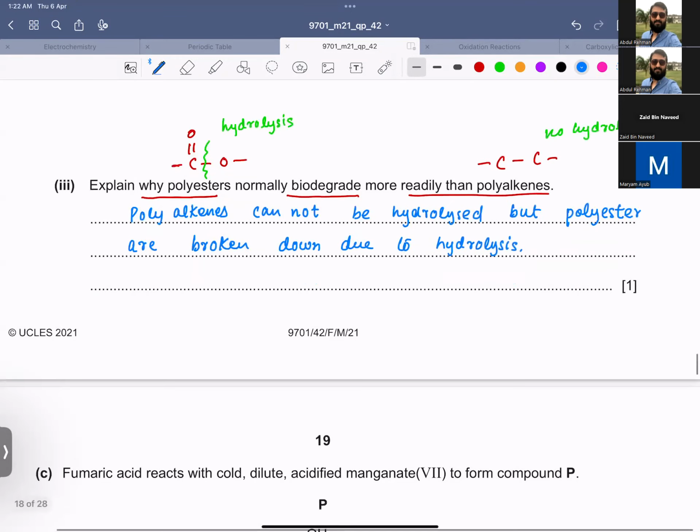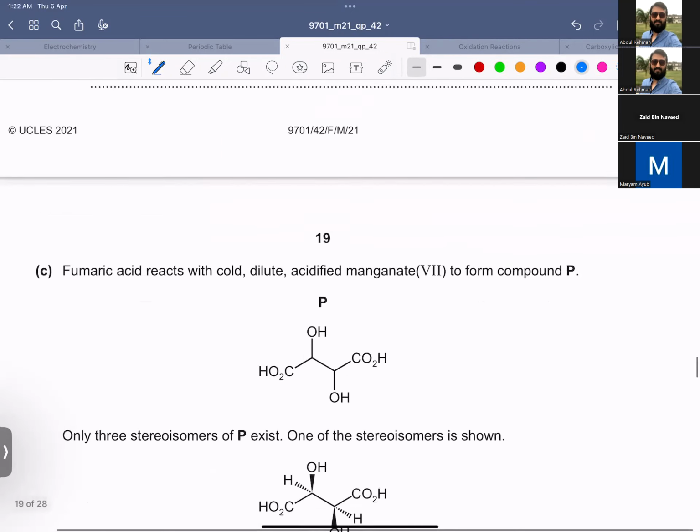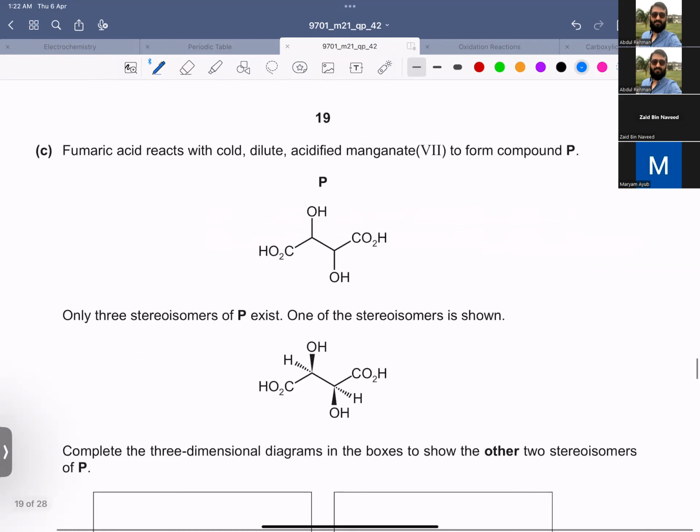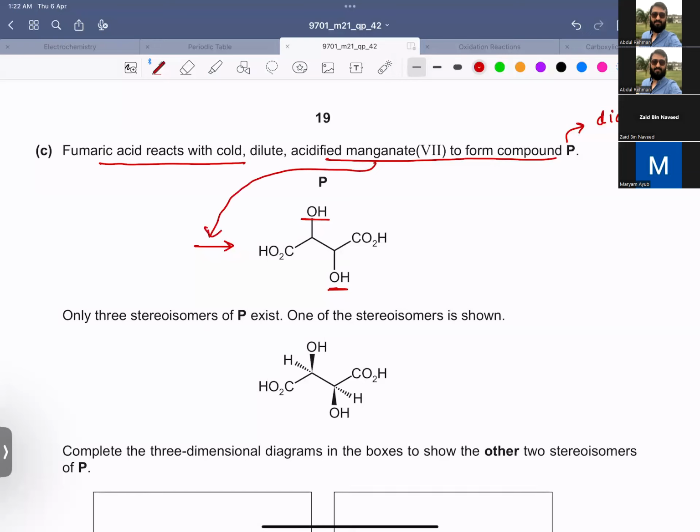Now next part. Fumaric acid reacts with cold dilute acidified permanganate to form compound P. So compound P must be a diol. What would happen actually when we use these conditions is that the carbon-carbon double bond is broken down and both the carbons have an OH group.